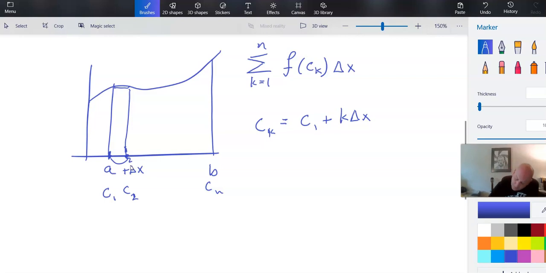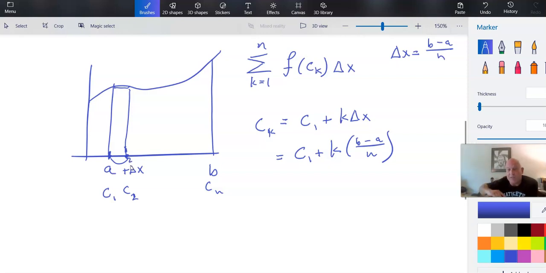And remember, delta x we found was b minus a over n. Okay, so now we have more of a formula. So our CKs are now C1 plus k times b minus a over n. And C1 could just be a if I'm using a left-handed rule.